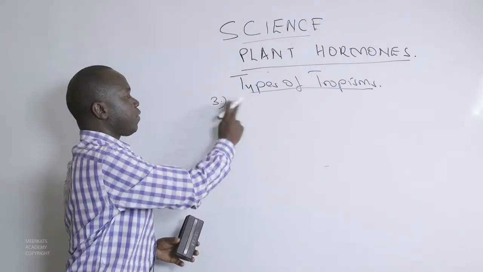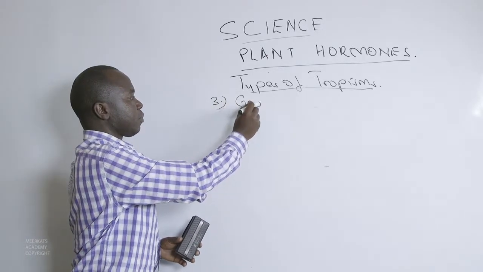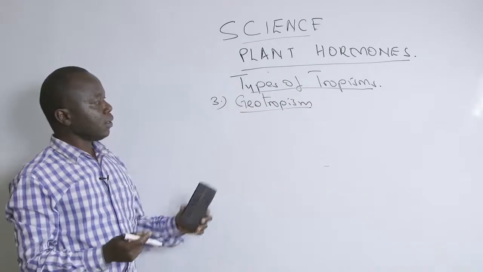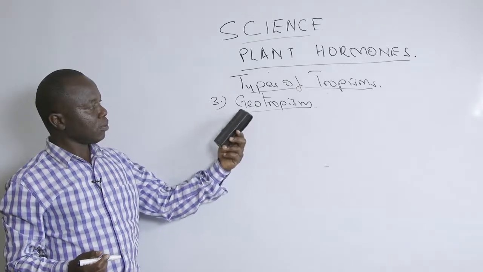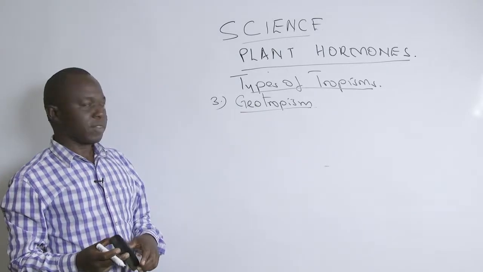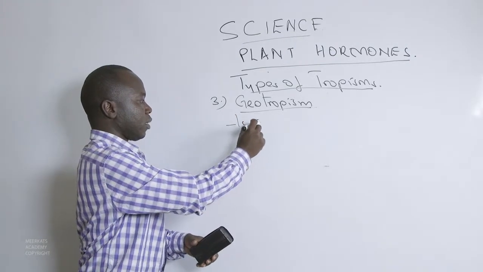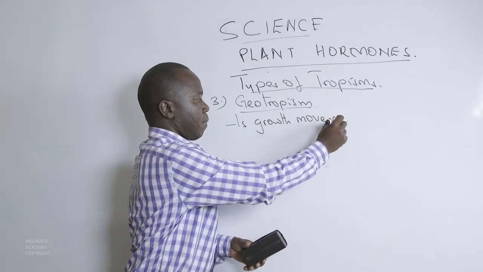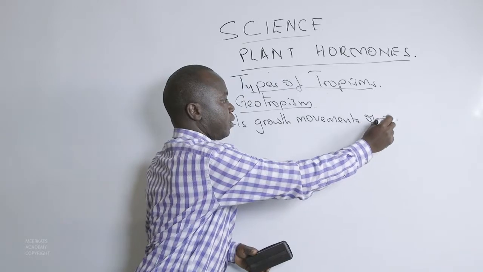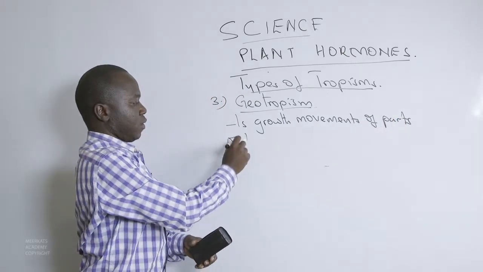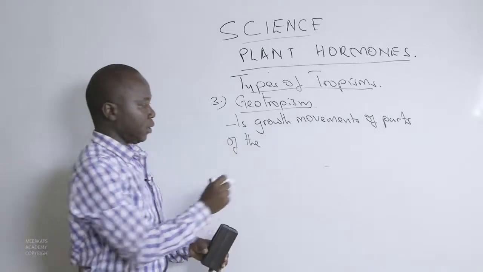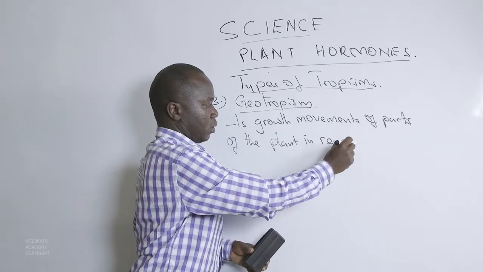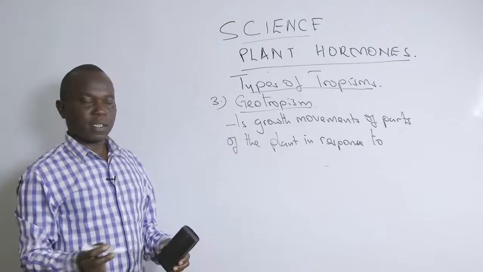3, we have geotropism. Again, it's the same thing. The stimulus here is gravity. It is growth movement of parts of the plants in response to gravity.